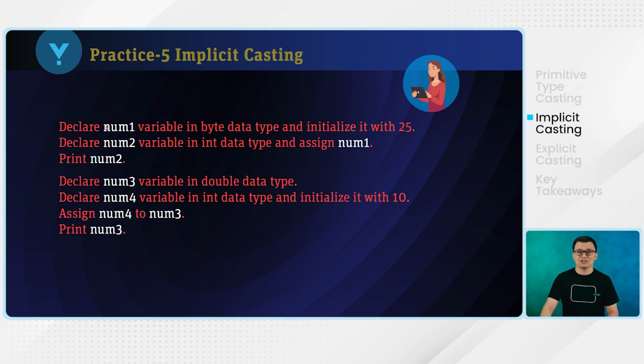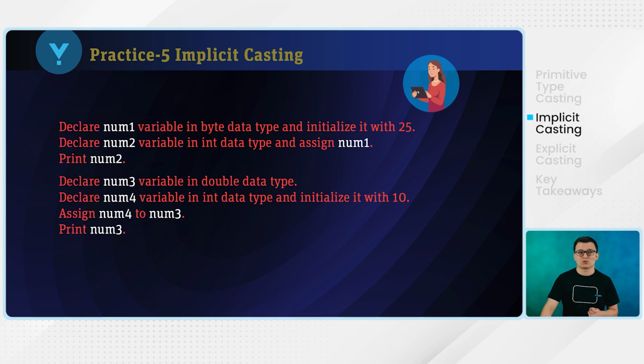Now let's take a look at the practice task for implicit casting. We need to declare a variable named num1 with the byte data type and initialize it to 25. Then declare the variable num2 with the data type int and assign num1 to num2. You are assigning a byte to an int, the smaller type to the larger type.